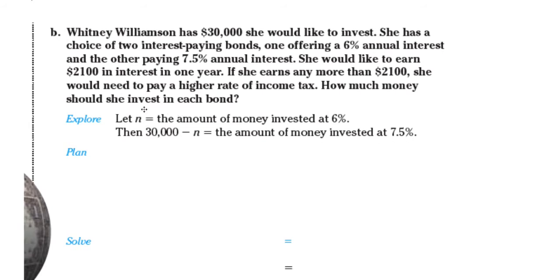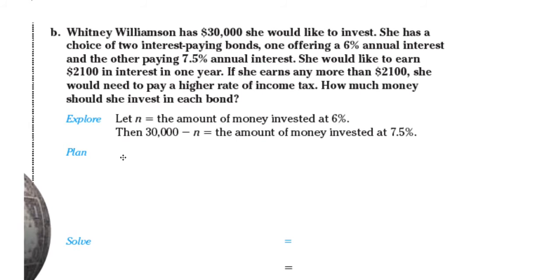If she invests N amount at 6%, it is only logical that the amount she will invest at 7.5% will be 30,000 minus N. And that's how you get your two let statements for this.